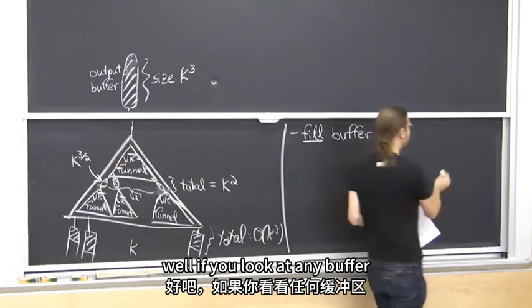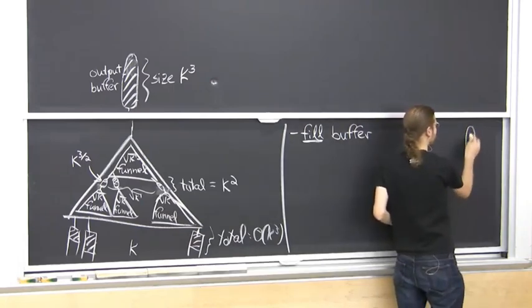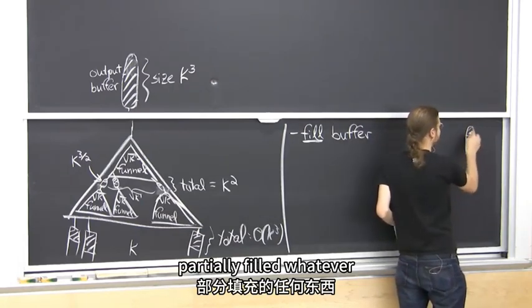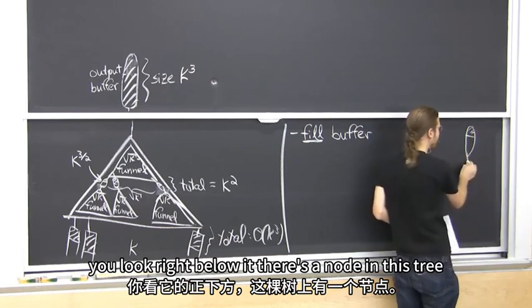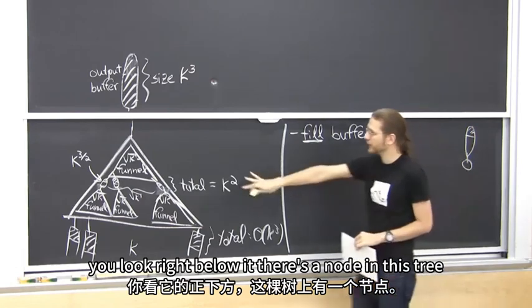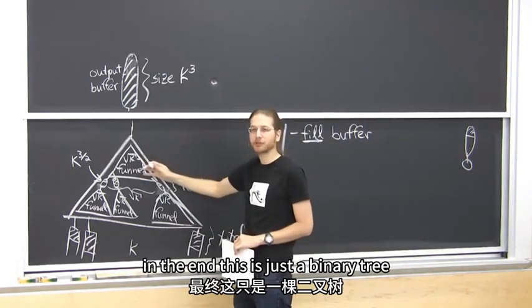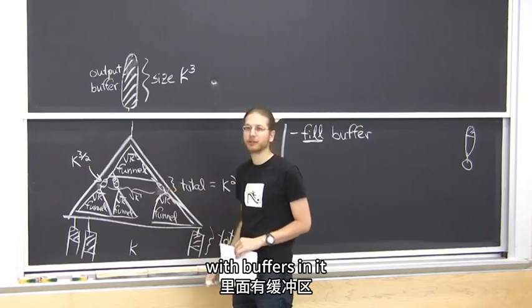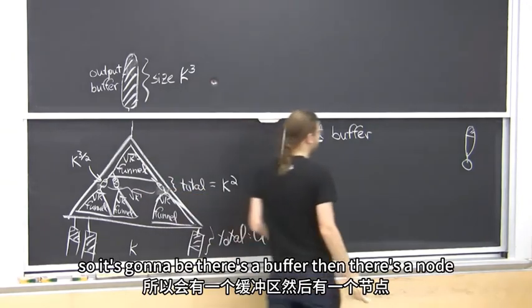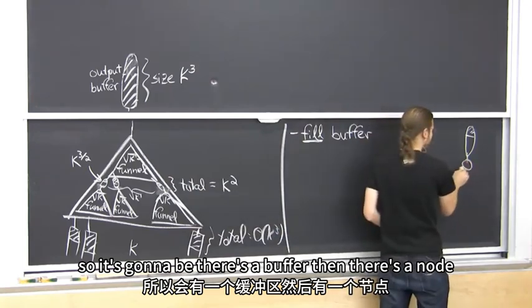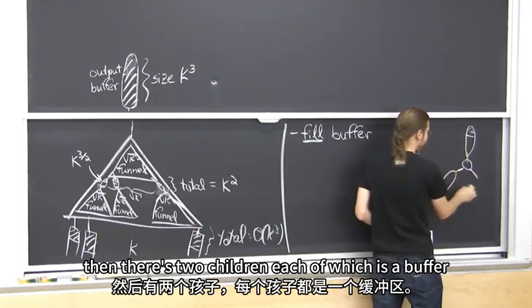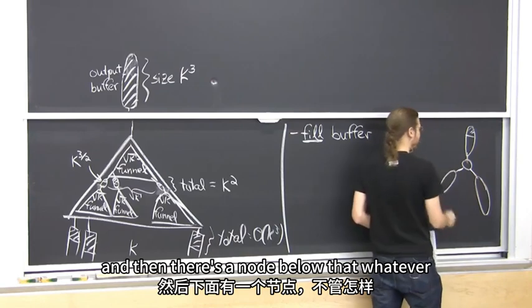Well, if you look at any buffer, partially filled, whatever, you look right below it, there's a node in this tree. You recurse all the way down. In the end, this is just a binary tree with buffers in it. So there's a buffer, then there's a node, then there's two children, each of which is a buffer. And then there's a node below that, whatever.